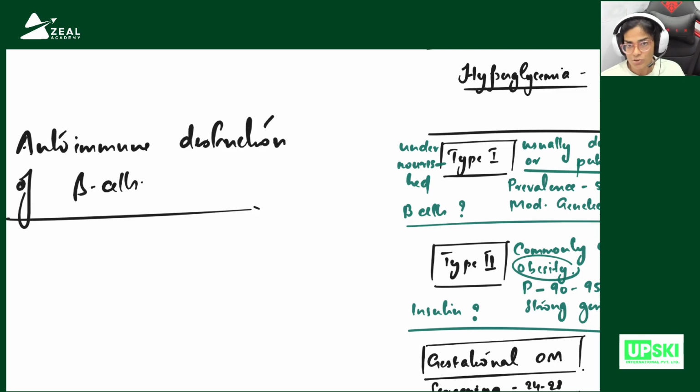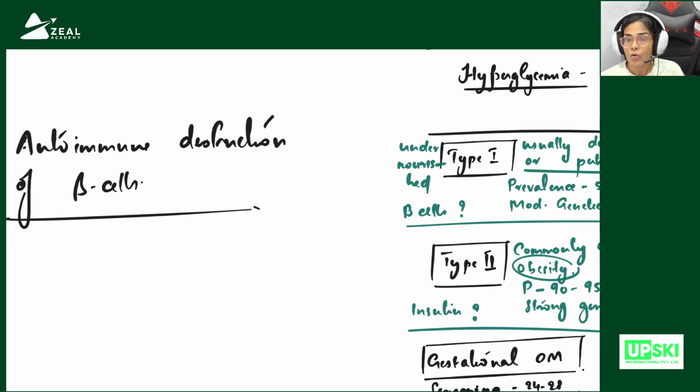Usually we have an immune response in our body because that's a foreign material, so our body should have an immune response against it. But in this case, if you have chances of developing type 1 diabetes mellitus, your body's immune response will be inappropriate. And that inappropriate immune response will cause destruction of your own cells, especially the beta cells.